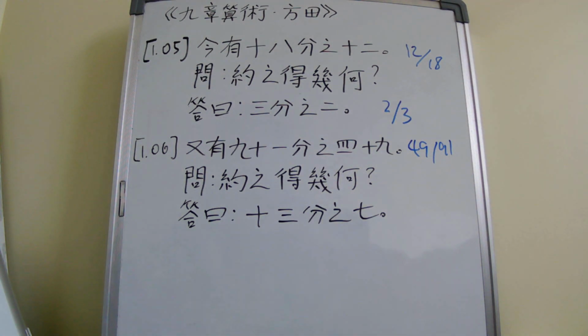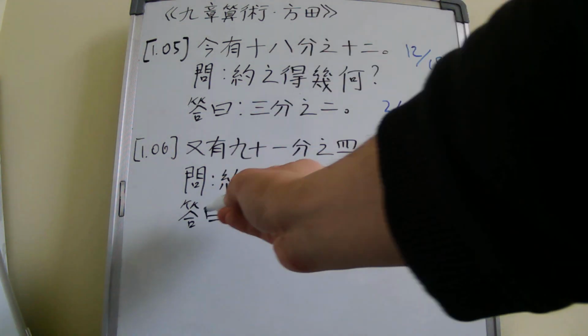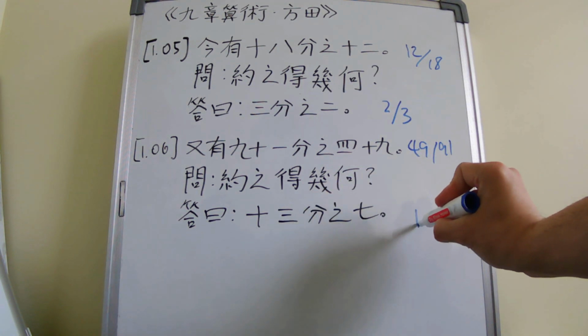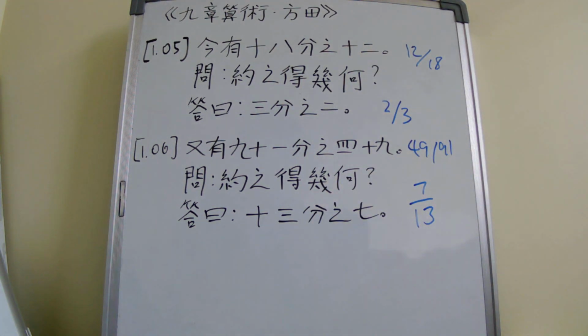And they're asking, okay, question, 问 question. 约之得几何? So after simplifying or after reducing, how much do you get? And answer is, out of 13, there's 7. Okay, so this is a pretty standard problem, and it's involving the reduction of fractions.